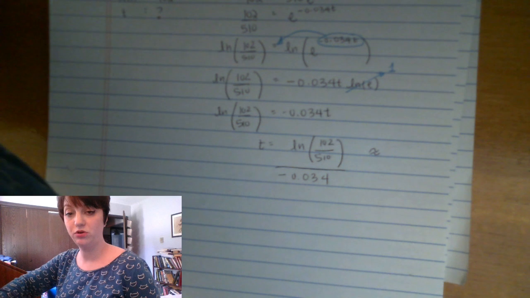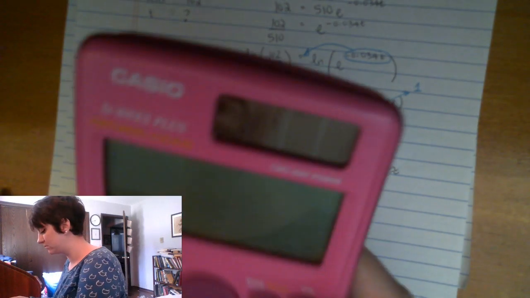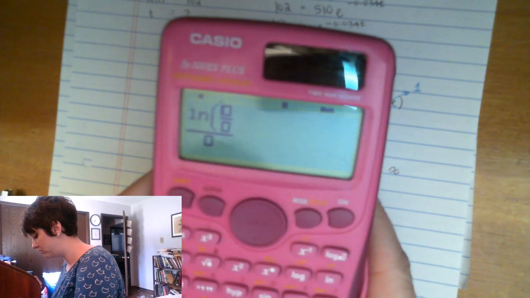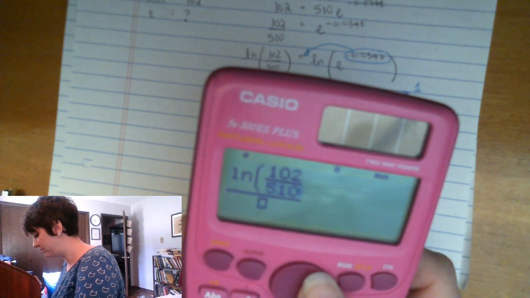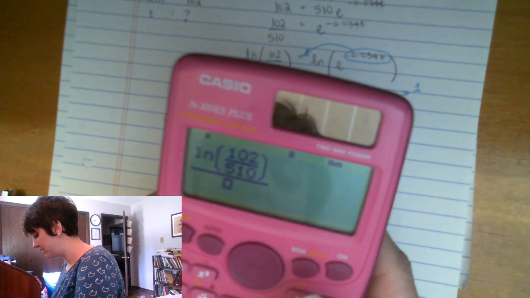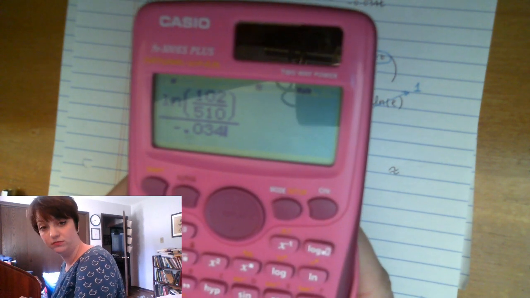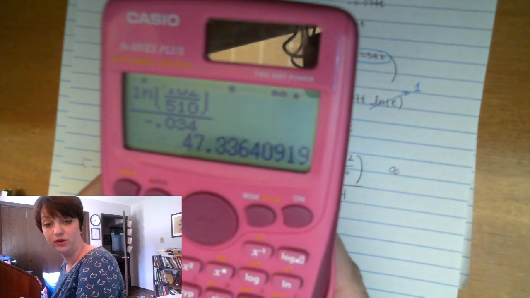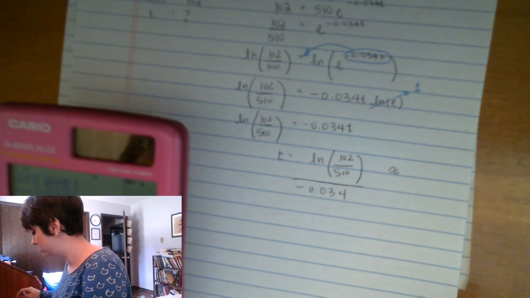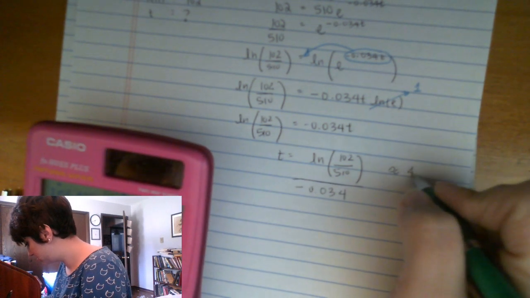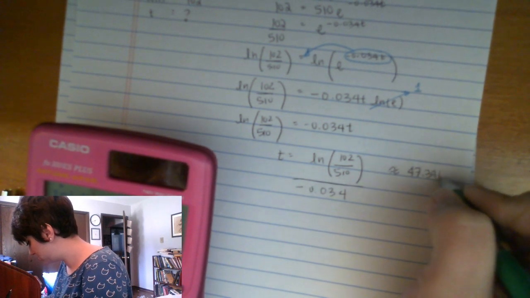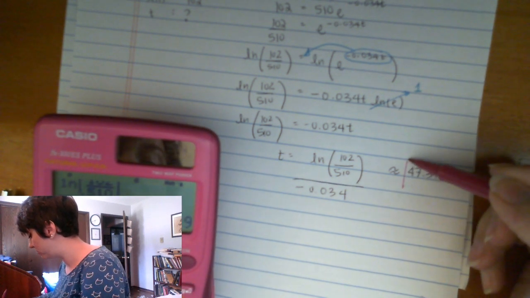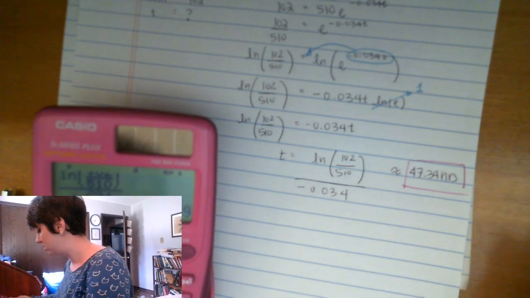For my approximate answer, natural log of 102 divided by 510 divided by negative 0.034 is 47.34 hours, which makes sense.